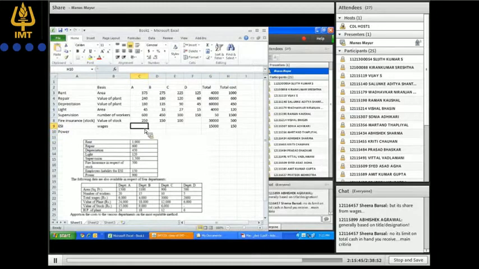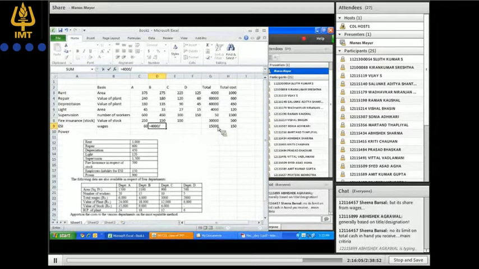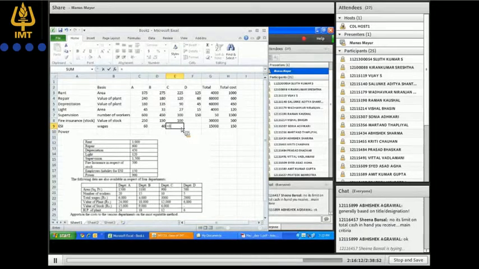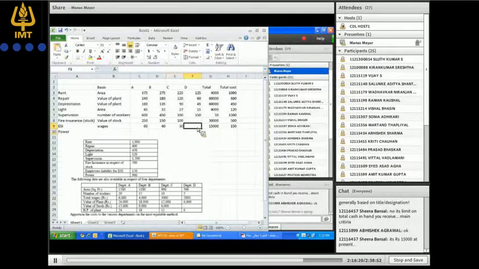So you can distribute these costs like 6,000 divided by total wages multiplied by total cost, 4,000 divided by total wages multiplied by total cost, 3,000 divided by total wages multiplied by total cost, and then 2,000.